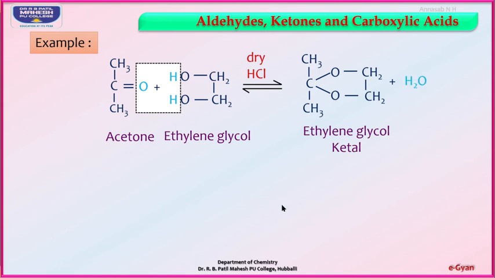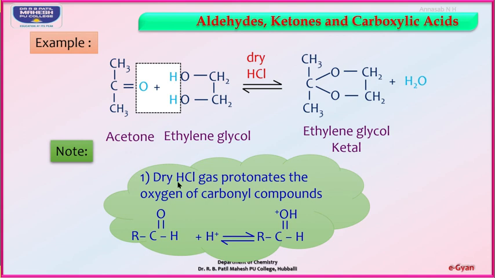So the use of this dry HCl addition in acetal and ketal formation is that this dry HCl gas protonates the oxygen atom of carbonyl compounds, R C double bond O plus H plus, which gives rise to R C double bond OH plus.